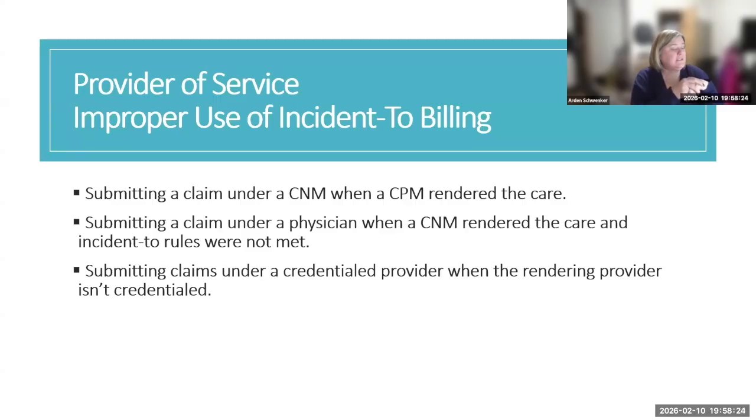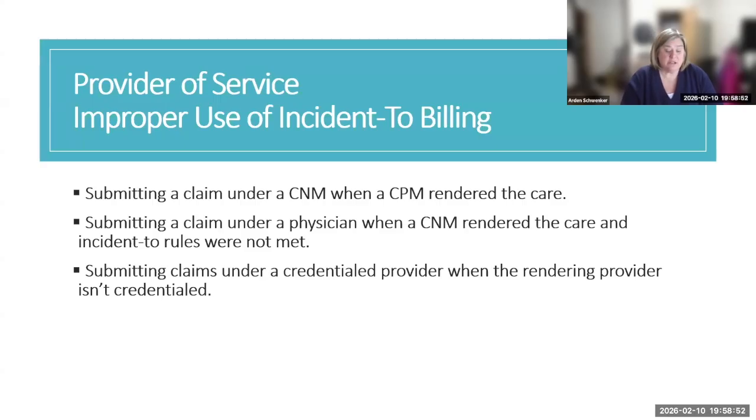So I don't have an exact example of an incident to claim, but I can tell you an example. Proper incident to billing: a patient is seen by a physician, and the physician comes up with a plan of care in a maternity practice. The physician does the initial visit, sets the plan of care, and then the CNM sees the patient for all the other visits.